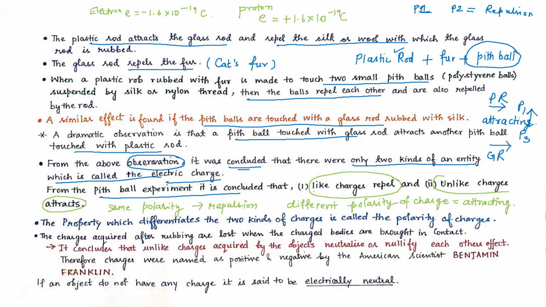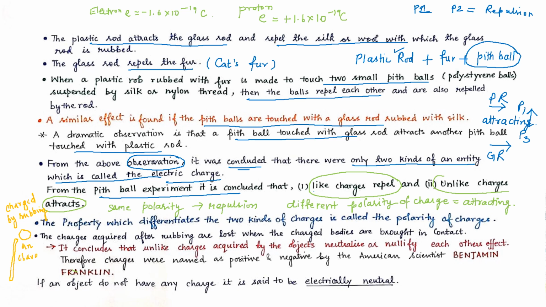Now we brought an uncharged body to this charged body. See, this is our charged body which is charged by rubbing. And now we are bringing this spherical body which is extremely uncharged, like a malnourished human.